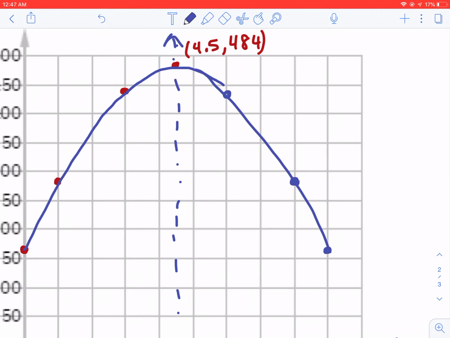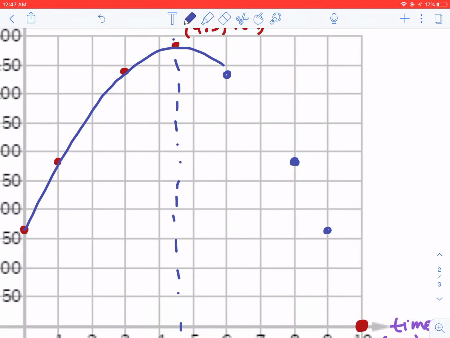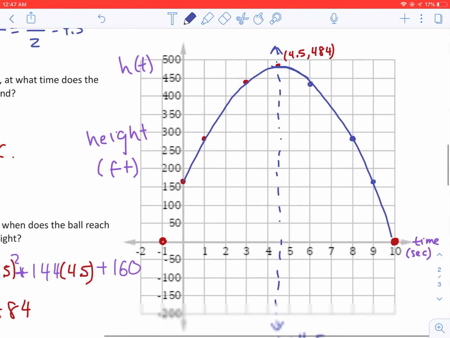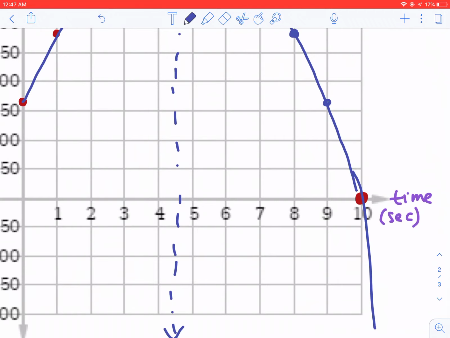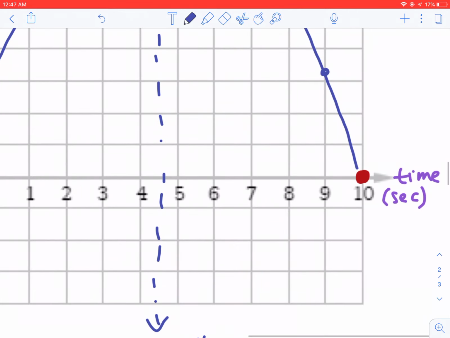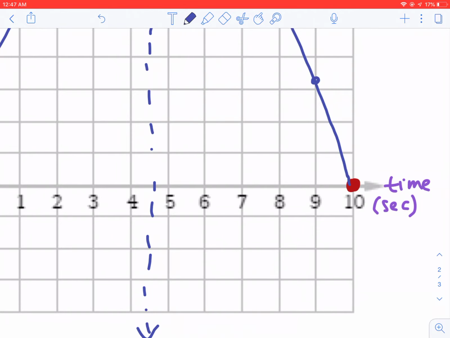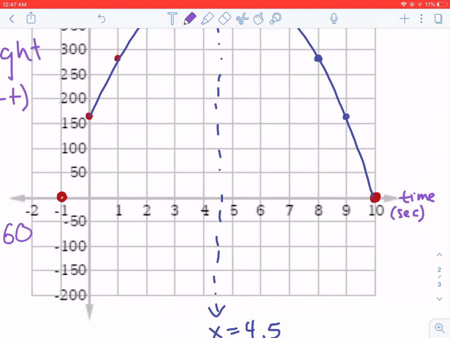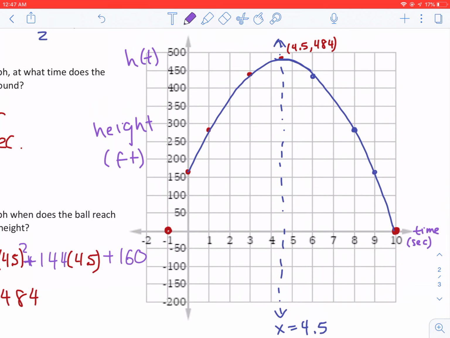Alright guys, you know I always struggle with this. And boom. If we're just graphing the equation without any context, we normally draw arrows to make it go on forever, but in context, the ball's not going to smack through the ground and reach negative heights, so we're going to stop right over there.